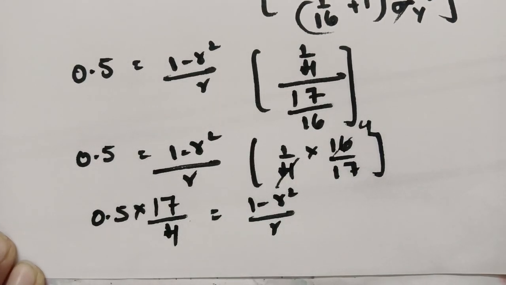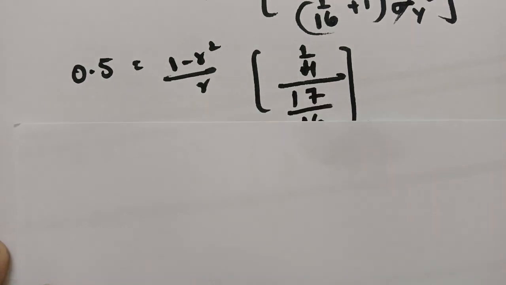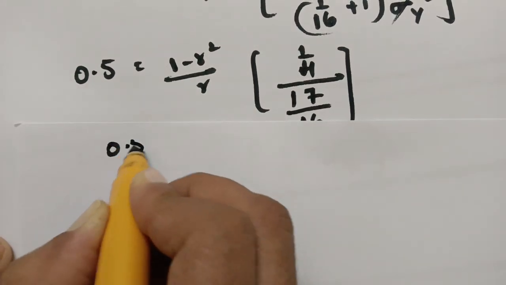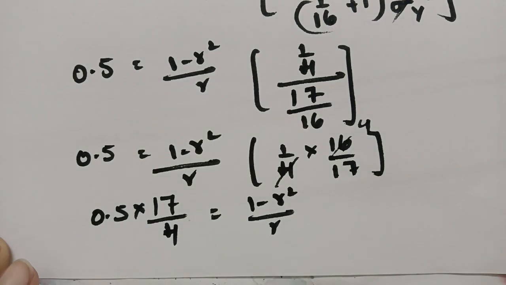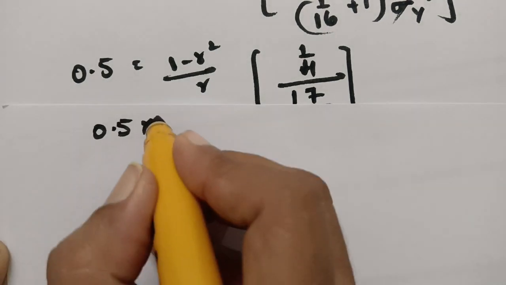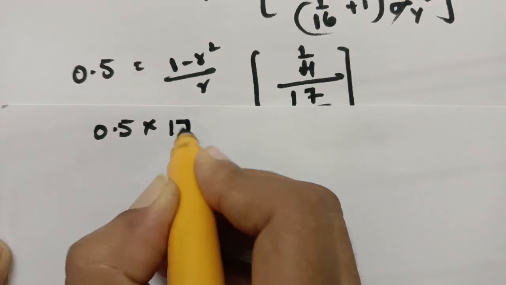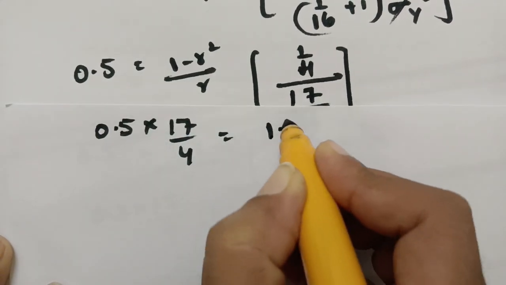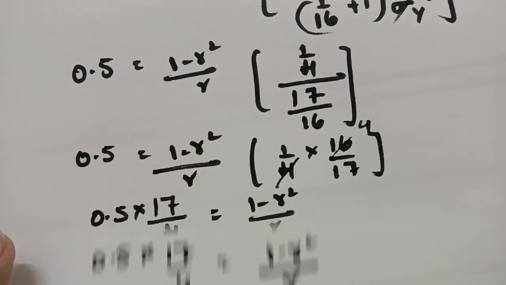And now, if I calculate this one, please wait here. This is 0.5 into 17 by 4 is equal to (1 minus r squared) by r. Clear?